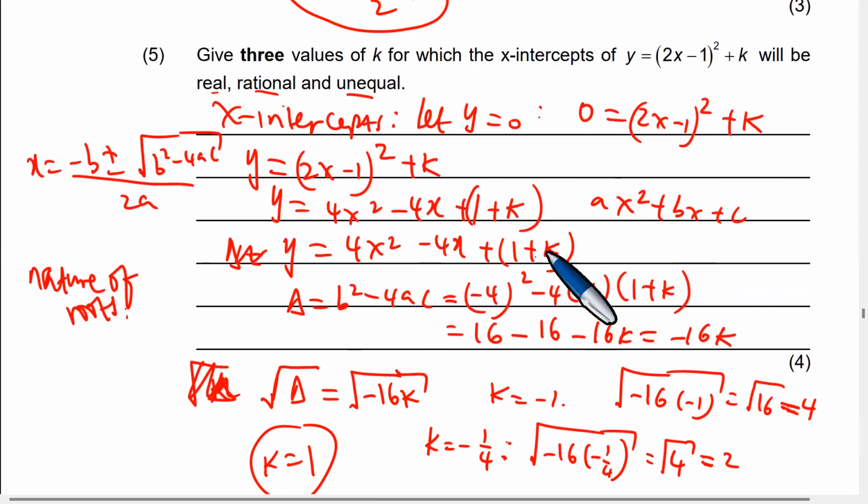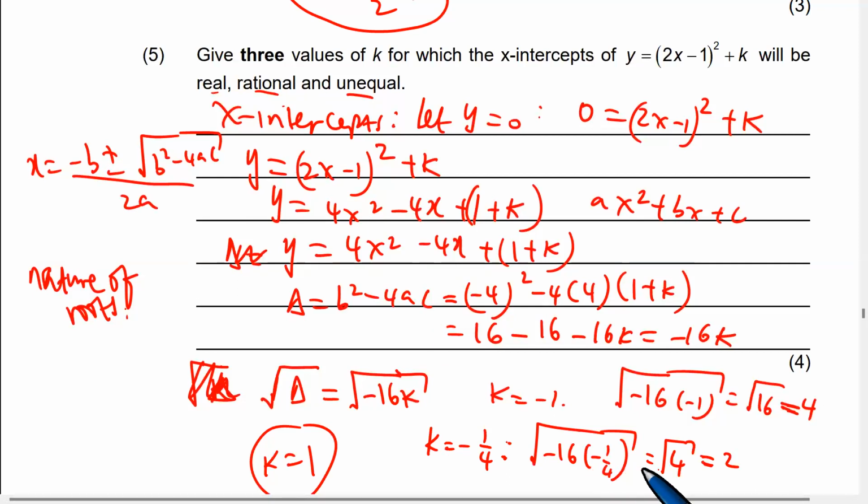So we want these to produce numbers under the square root that have square roots. 16 has a square root, which is 4. So k can be minus 1.